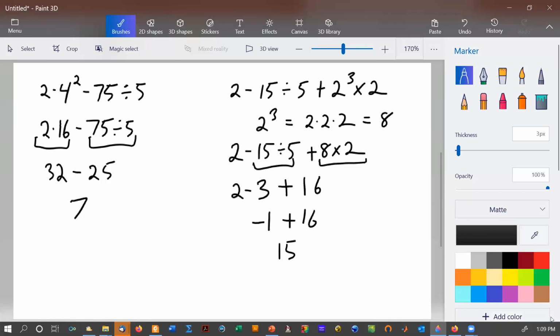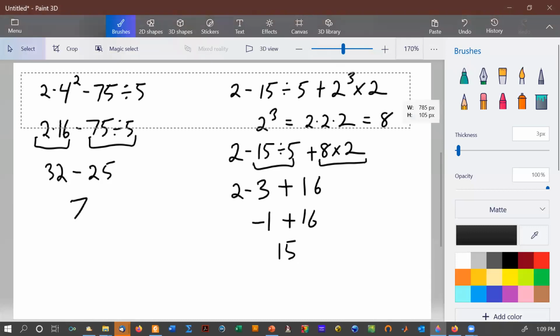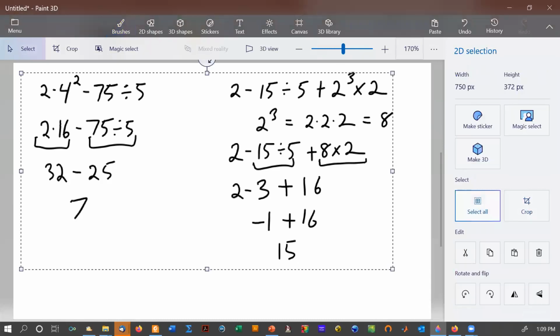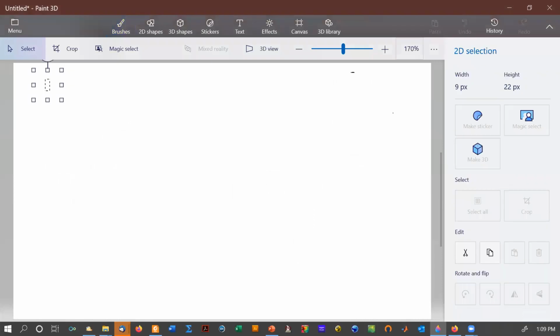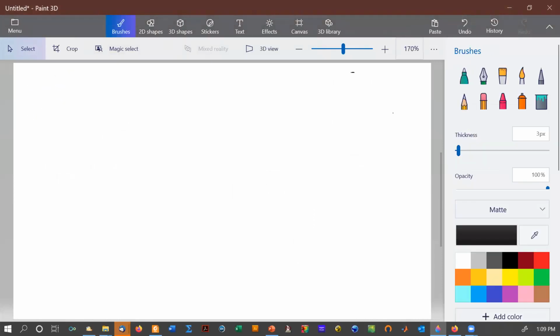Okay. So let's do another couple of examples. Select all, delete. Let's go back to our pen.